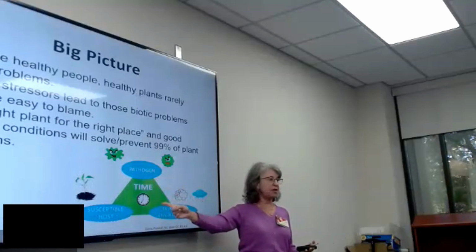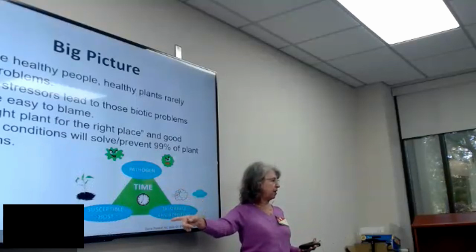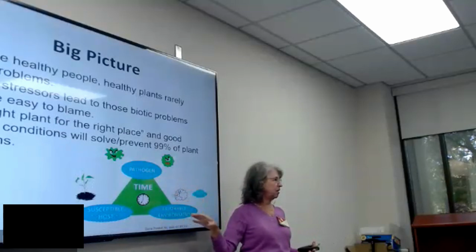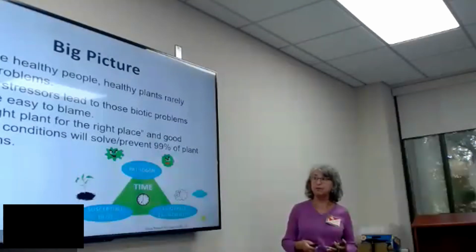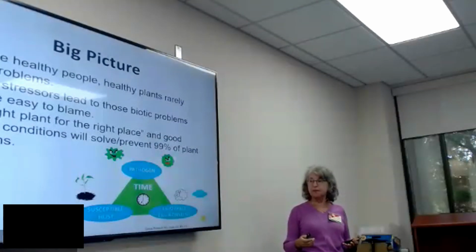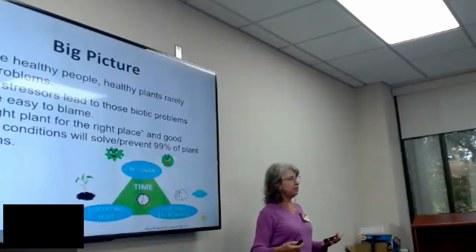So you don't have enough time for it to be able to grow and infect that plant. So that's why time is the fourth dimension in talking about the disease pyramid. And if the plant is something that might be susceptible, but it's in a really healthy condition and everything else is favorable, that plant may be able to resist the disease.